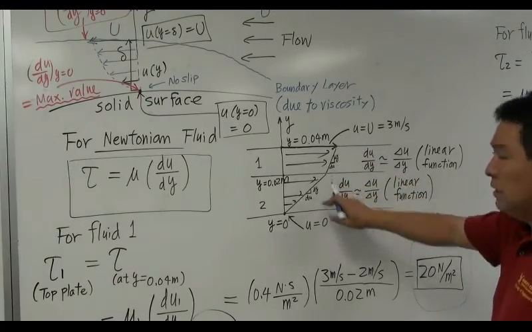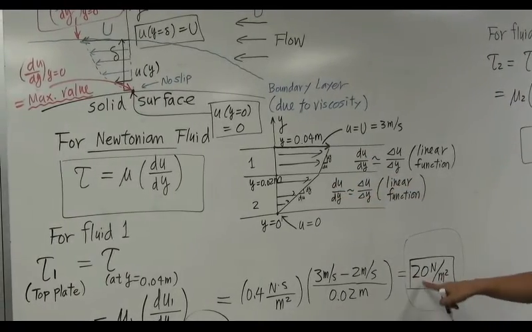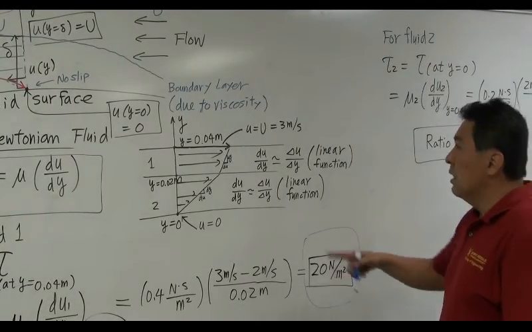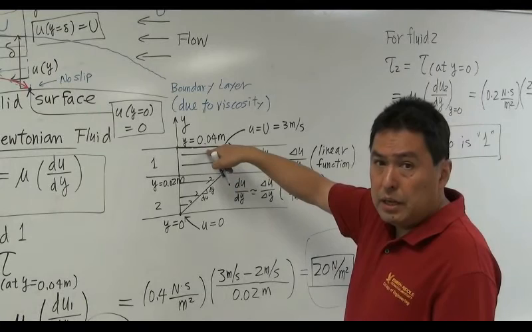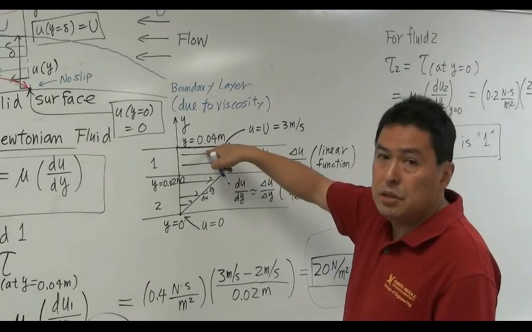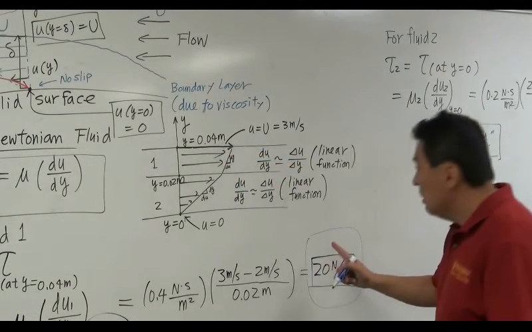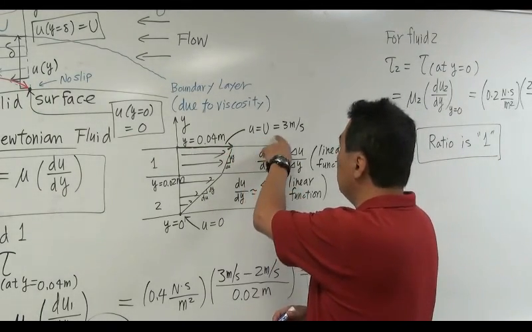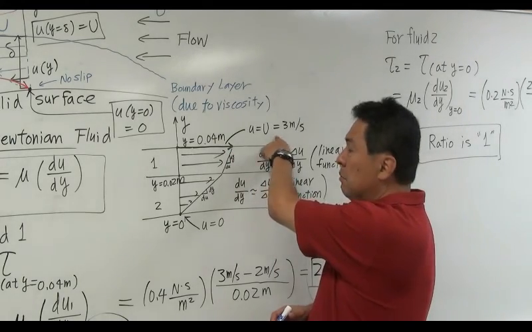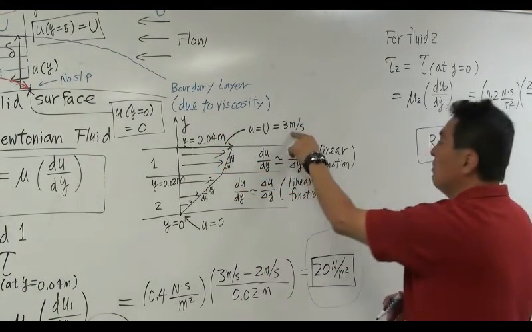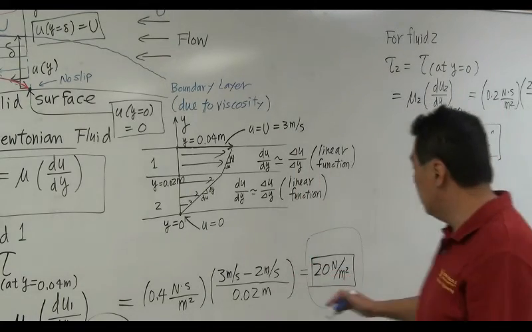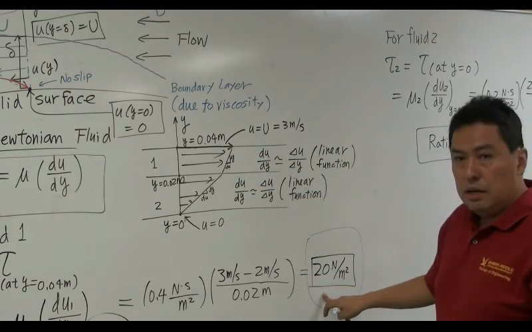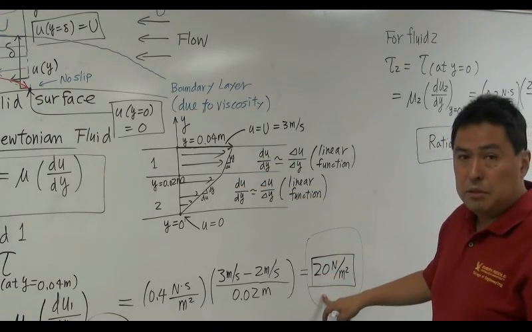So everywhere in this fluid, you are going to develop a shear stress of 20 Newton per meter squared. So that means how much force do you need? You can determine that. Obviously, shear stress is shear force divided by whatever area you impose here to create the motion of 3 meters per second. So suppose you put a plate and try to move it at 3 meters per second, how much force do you need? You can determine such a thing by knowing that within these two layers, constant shear stress is developed.